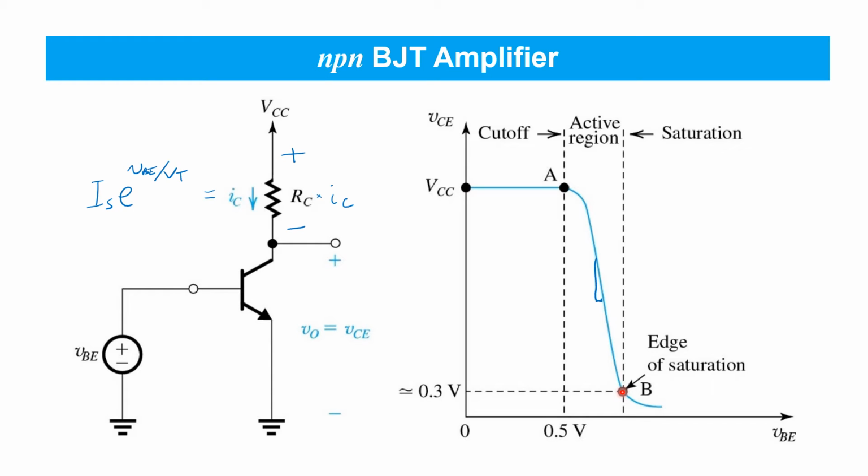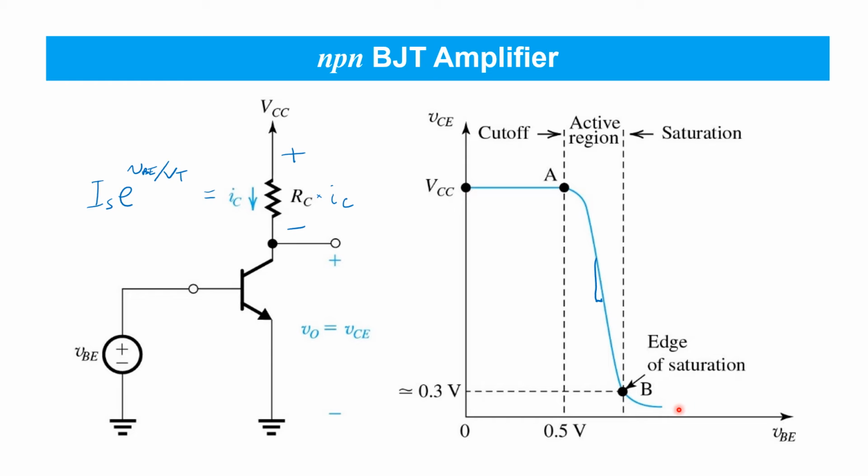Whereas in the case of BJTs, this is always going to happen at an output voltage of around 0.3 volts, give or take a few millivolts here. From that point on, the collector current will not increase as quickly, and so just as was the case with the NMOS amplifier, this curve will flatten out, and we won't see any further gain.